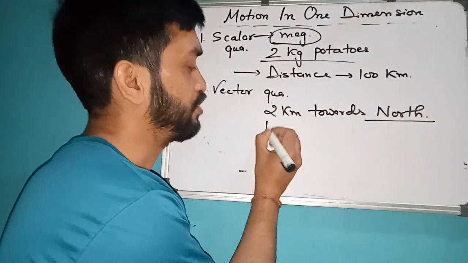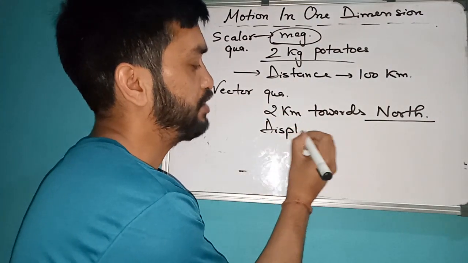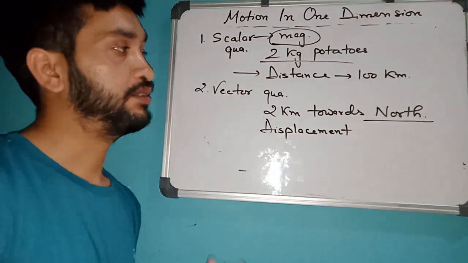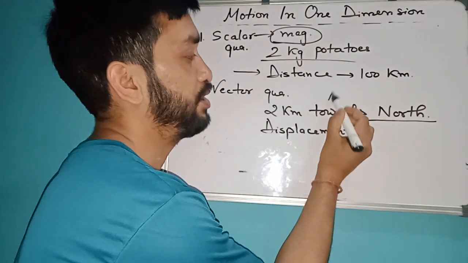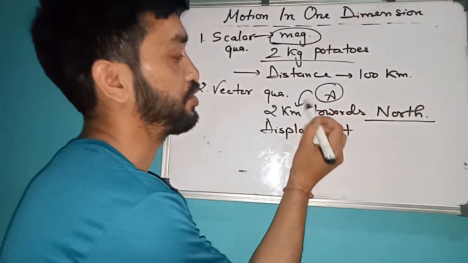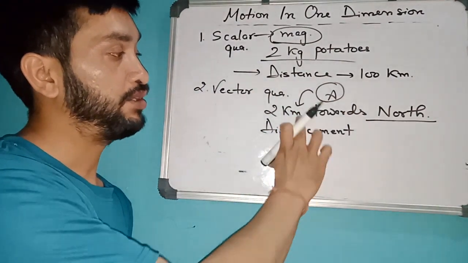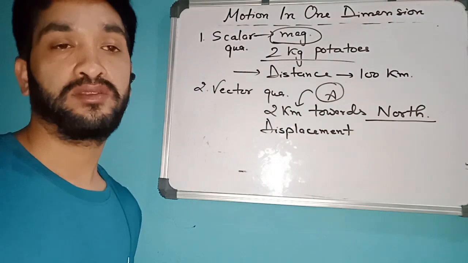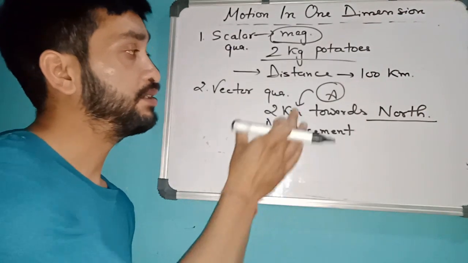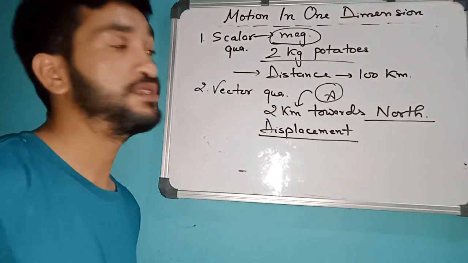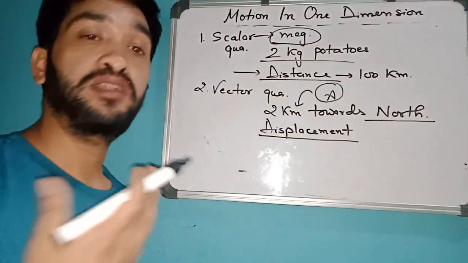And here displacement comes. Displacement is a vector quantity. Suppose this is a person A and I give this instruction to this person A. So now A will displace 2 kilometers towards north. So here displacement is a vector quantity. But if I say distance, distance does not contain any direction.